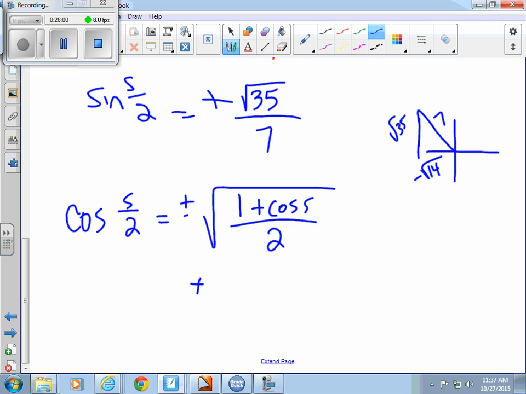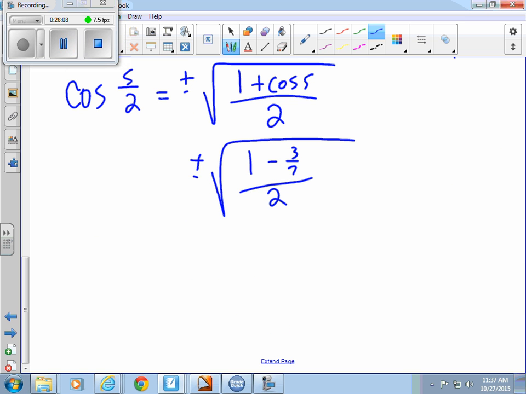So I get plus or minus the square root of 1 minus negative 3/7. That would give us 10 over 7, divided by 2, would give us 10 over 14 or 5 over 7.